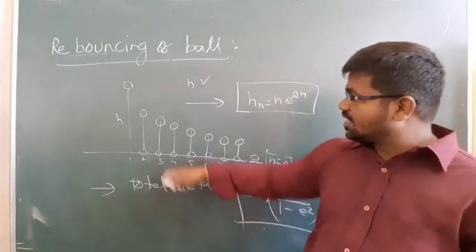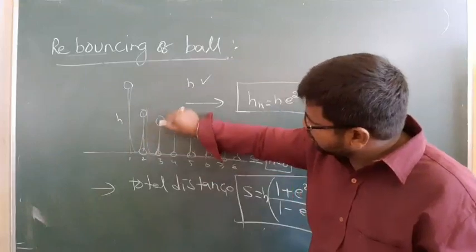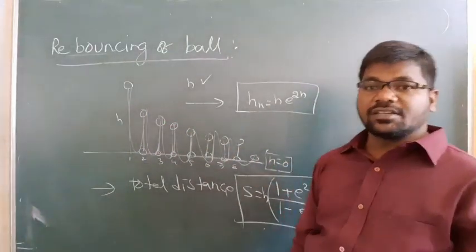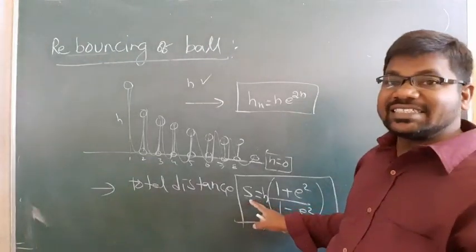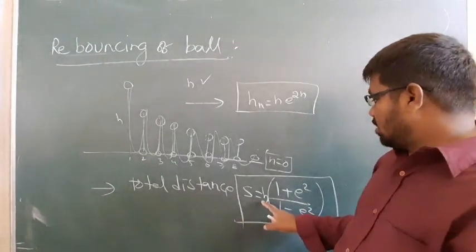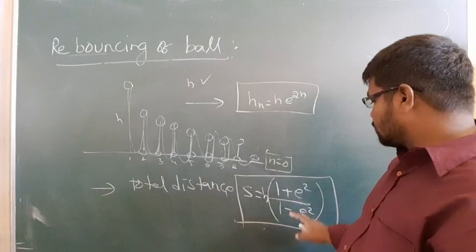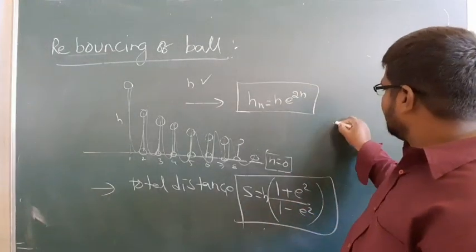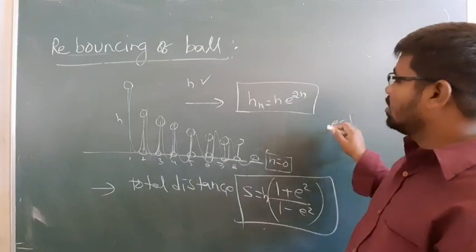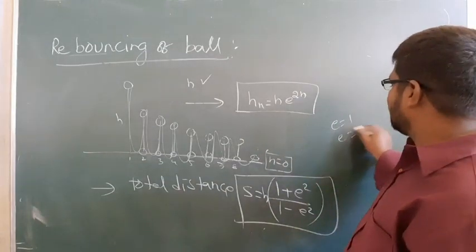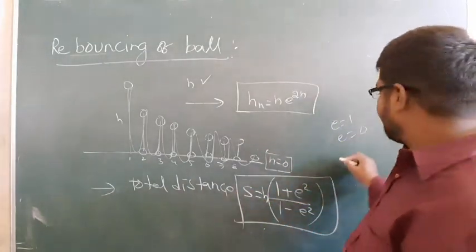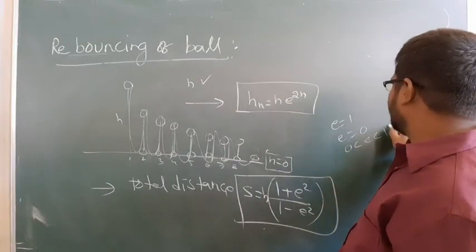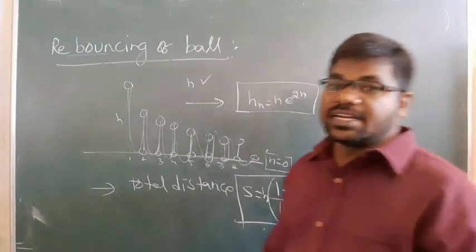Next, the total distance is S is equal to h into (1 plus e square) divided by (1 minus e square). We know e is equal to 1 for elastic, e is equal to 0 for perfectly inelastic, and 0 less than e less than 1 means inelastic.